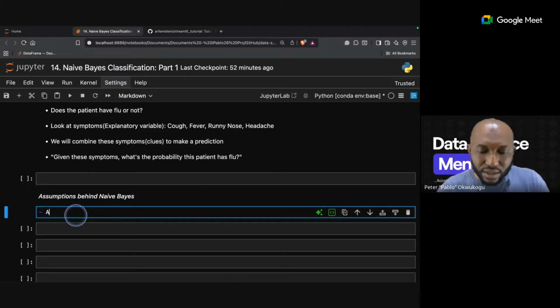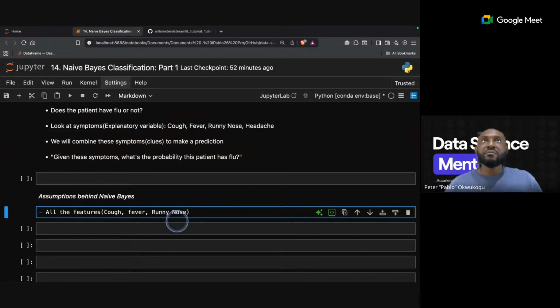So if we're talking about the illness we're looking at here, all the features, say the cough, the fever, the runny nose, are independent of each other.